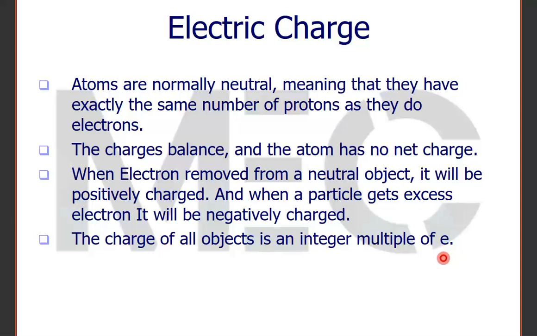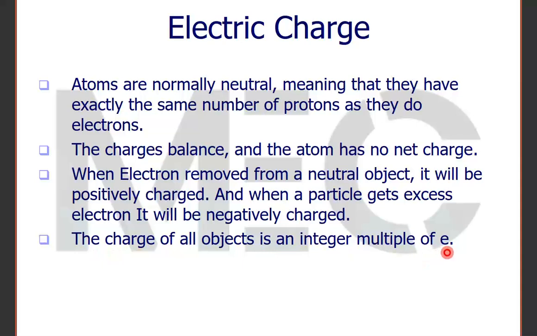So based on this last sentence, e is also called the elementary charge. We can say charge is a quantized quantity, which means we cannot have an object that has 1.5 electrons or negative 1.5 electrons.